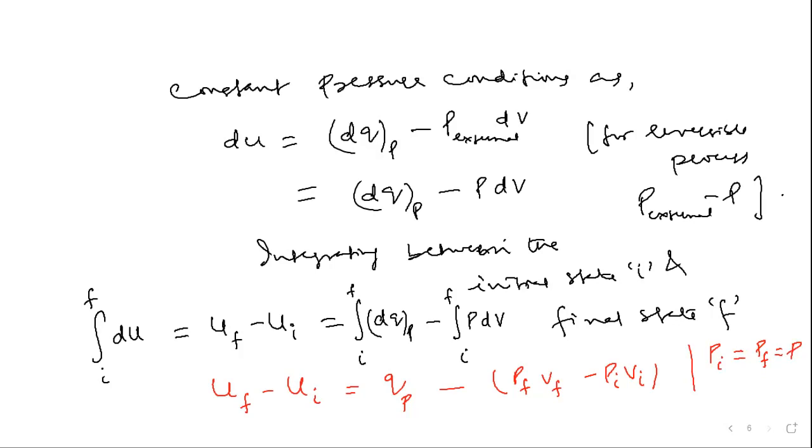So this is our functional relationship, but we keep it as PF VF minus PI VI.